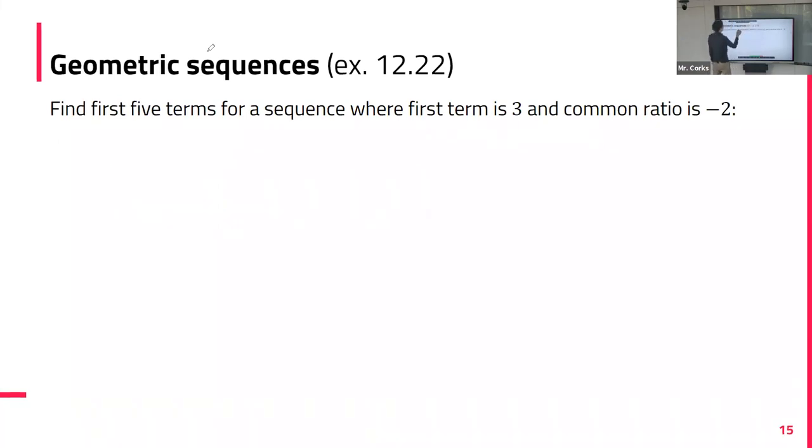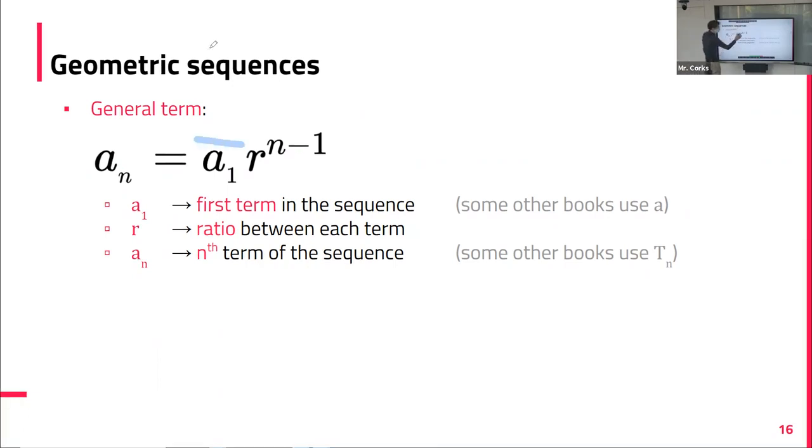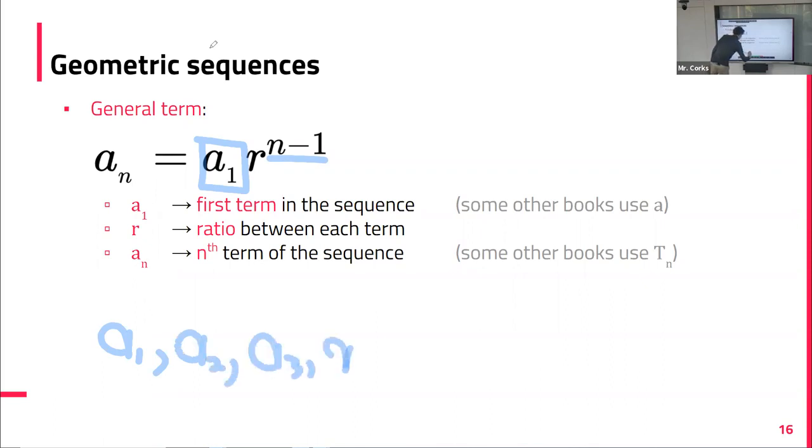Like we had for the arithmetic sequences, we also have a formula for these geometric sequences. Very intuitive, it's what we expect. We just start with A1 and then we multiply by R a whole bunch of times. How many times? n-1. We have A1, A2, A3, A4. We start with A1.